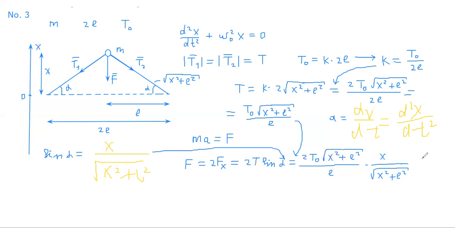And this is equal to 2T0 divided by L multiplied by x. Okay, this is what we need in this case.